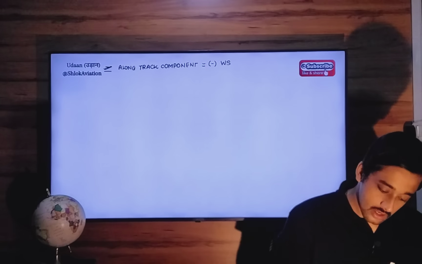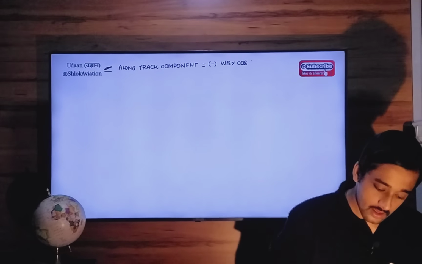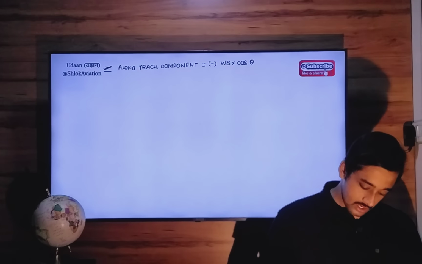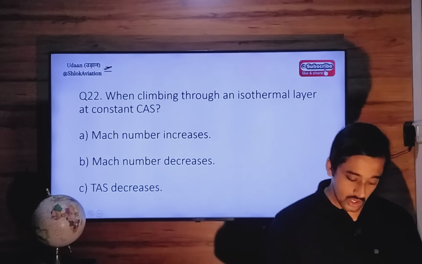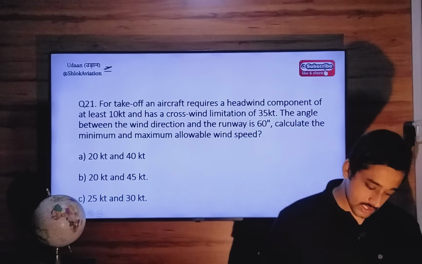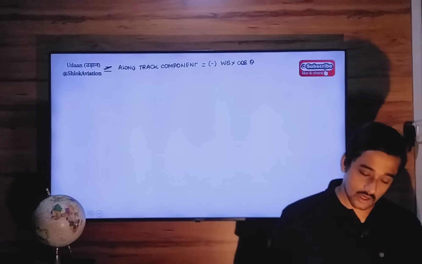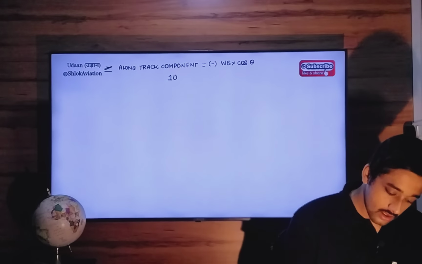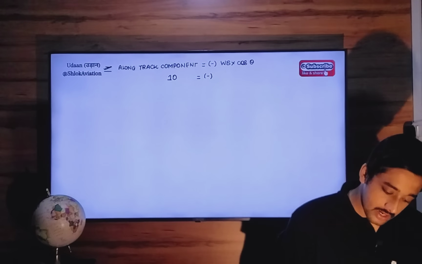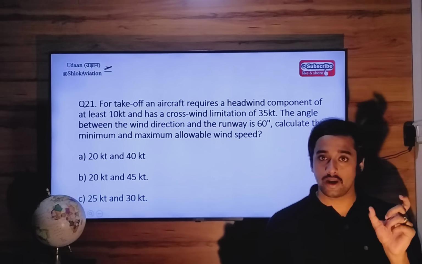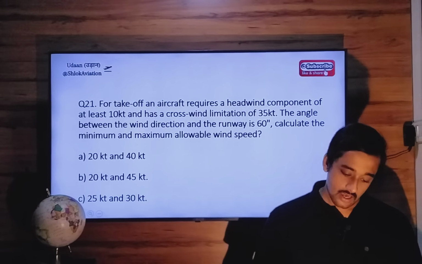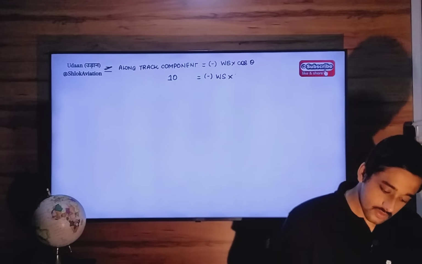The headwind component that we need is a minimum of 10 knots. Wind speed is what we have to find out, and theta is the angle between wind direction and runway direction, so that is 60 degrees.